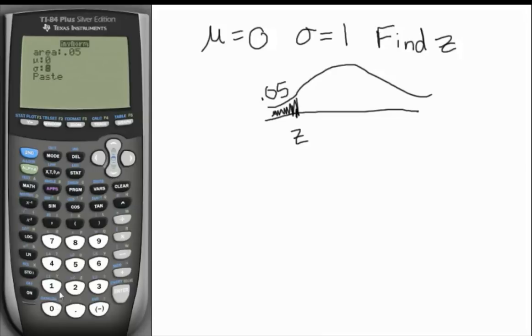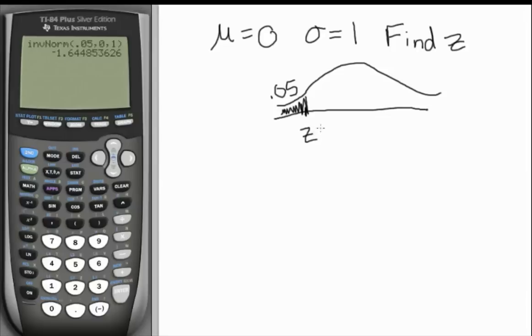Our standard deviation is 1. Enter, and we see negative 1.645. Okay, so our z then equals negative 1.645.